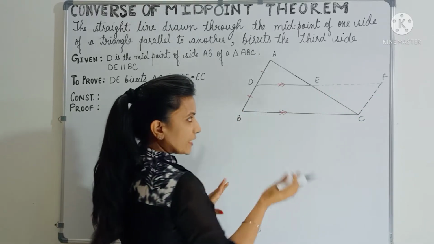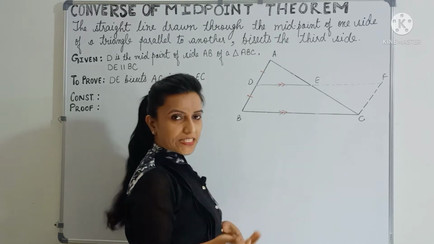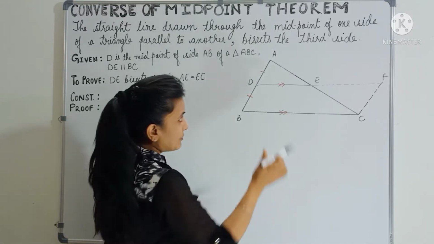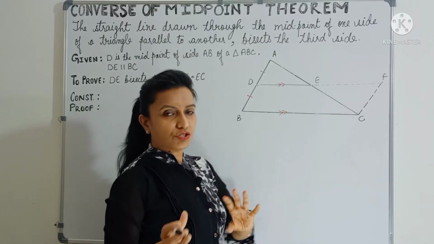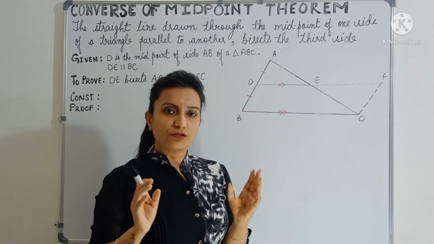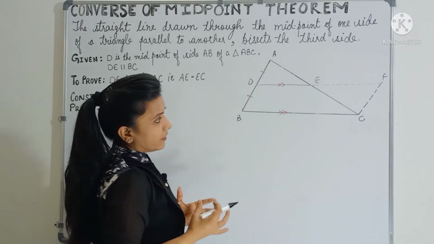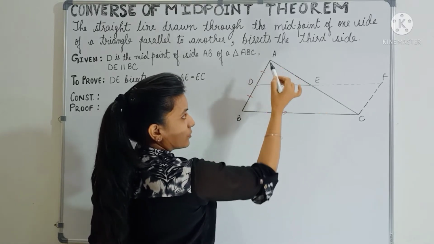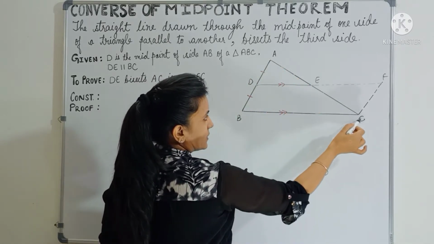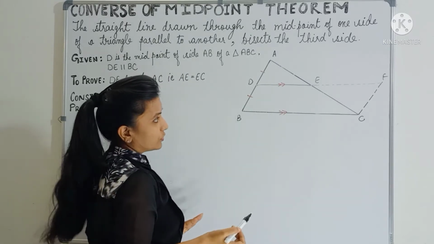In case I show that these two triangles are congruent, then I can say that by CPCTC, AE will be equal to EC, because once two triangles are congruent, their corresponding parts will be equal. Right now my aim is to show that triangle ADE is congruent to triangle CEF. So let's see whether we can show that they are congruent or not.